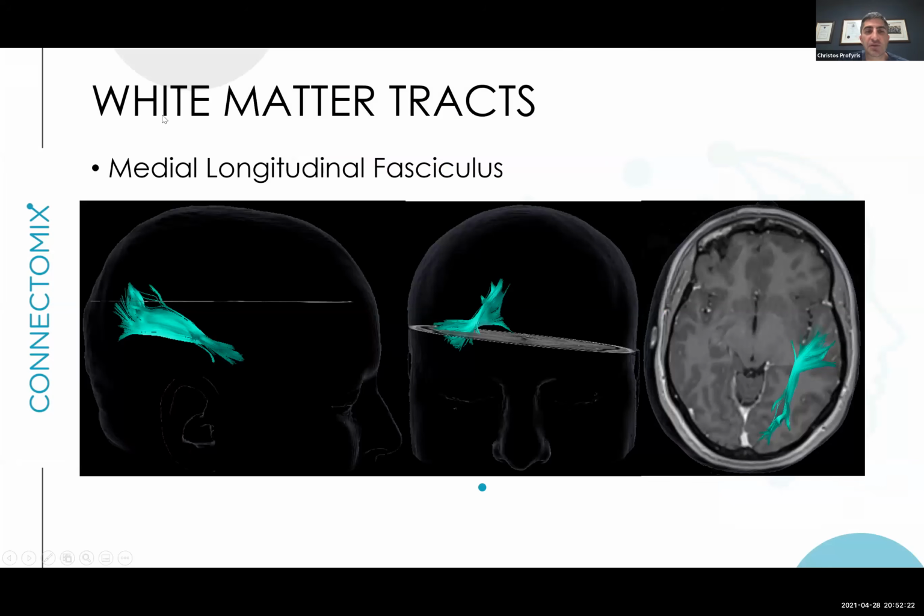Okay, the next tract we'll talk about is the medial longitudinal fasciculus. It connects the posterior medial occipital lobe to the superior frontal gyrus and part of the superior temporal gyrus and the temporal pole.